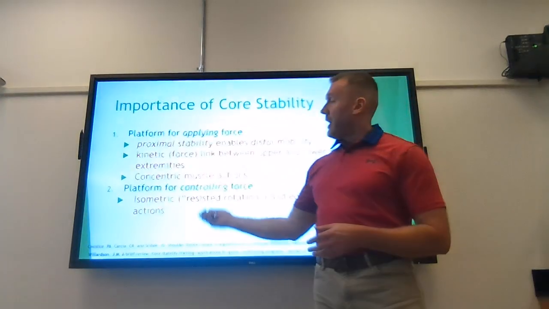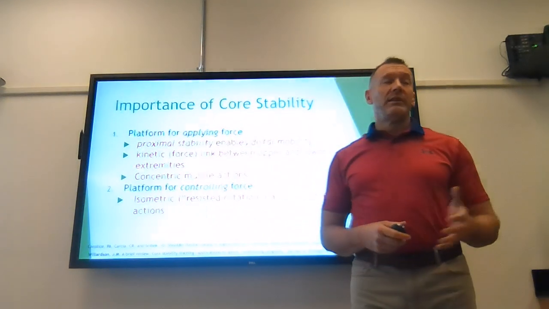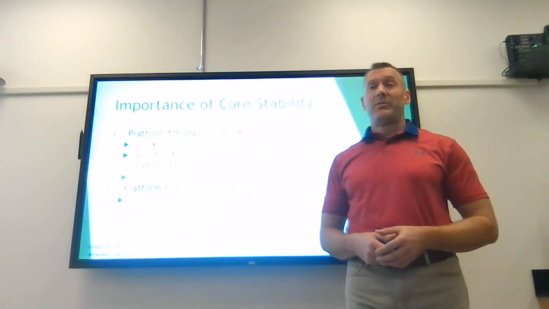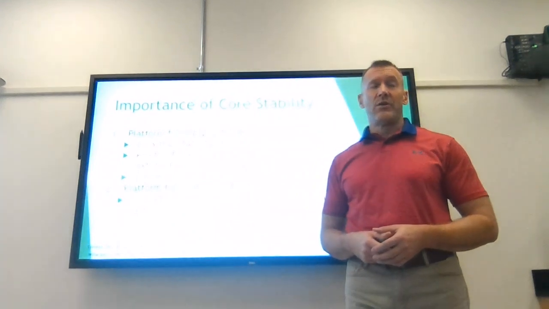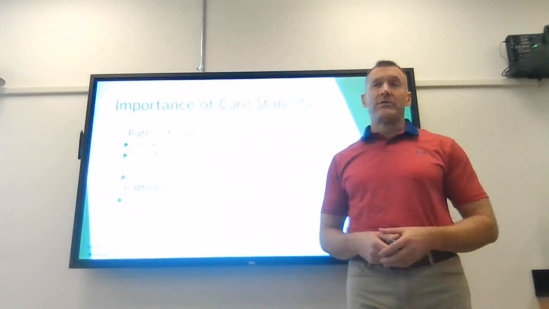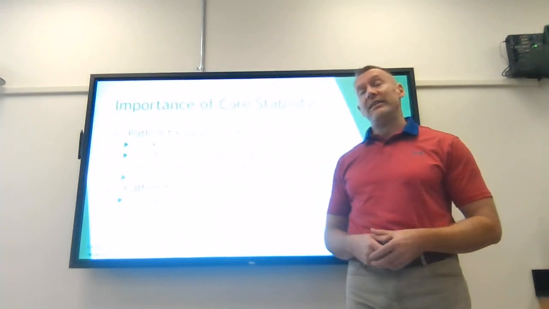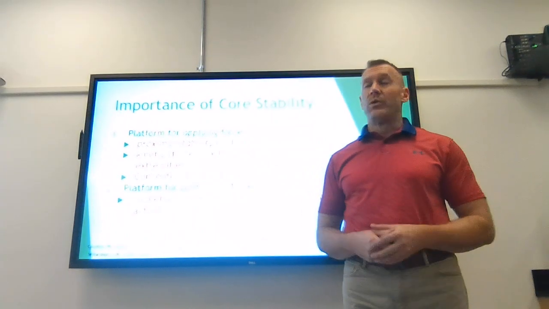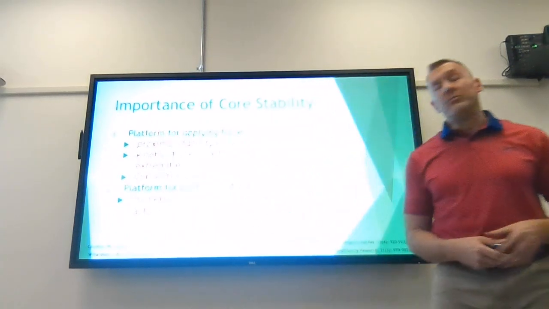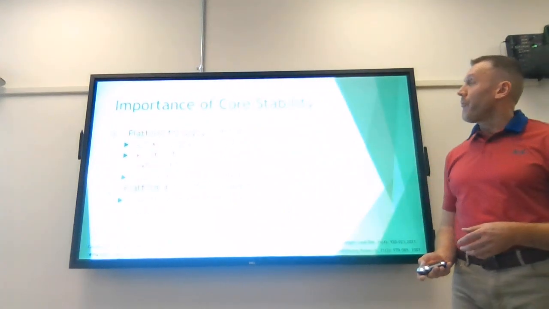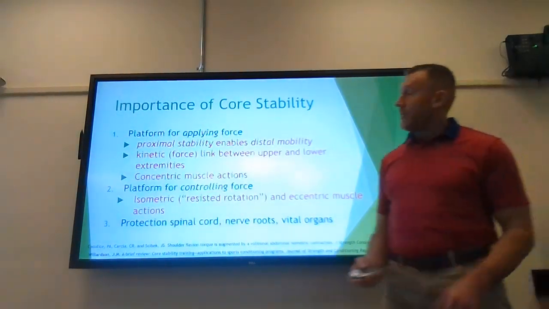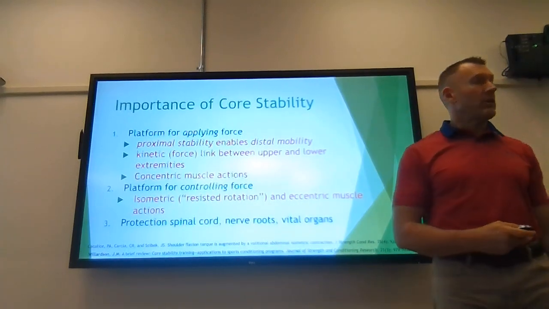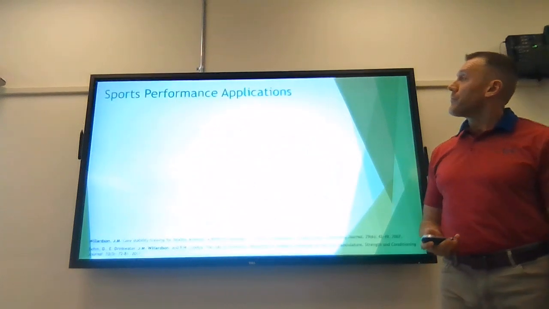Isometric actions are probably the most important, because when we talk about bracing, remember we looked at some articles a few weeks ago about bracing. That's an isometric action. We're resisting rotation or resisting movement. So we're absorbing force by being more stable. The last one, the third function, protection of the spinal cord, nerve roots, and vital organs.